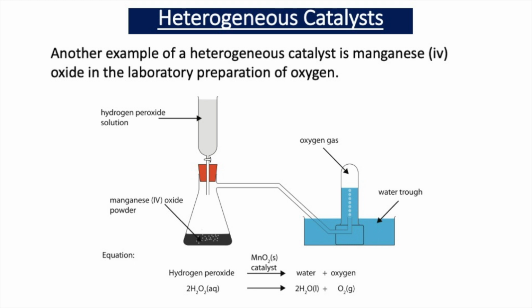And manganese(IV) oxide is MnO2 because the oxidation state of manganese is +4. Now this is again an example of a heterogeneous catalyst because the manganese(IV) oxide is a solid and it's in a different physical state to the reactants and products of the reaction.